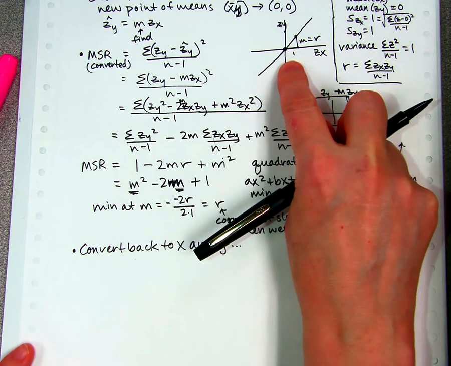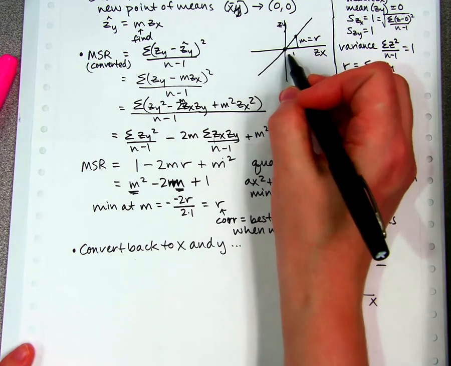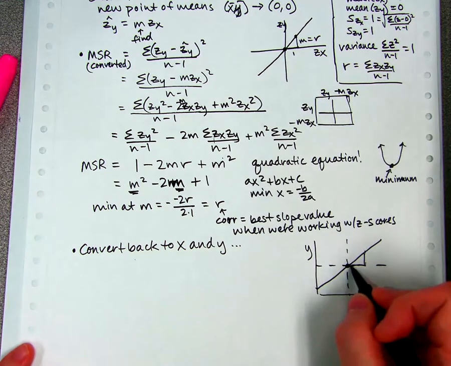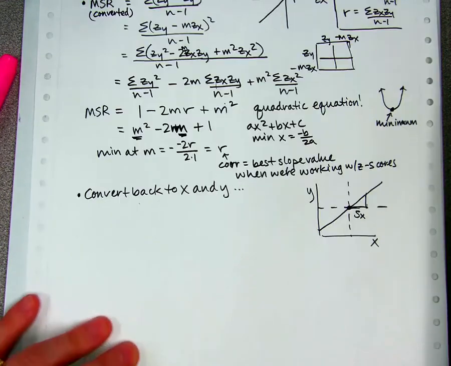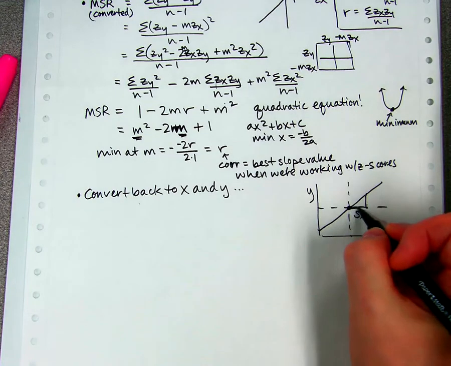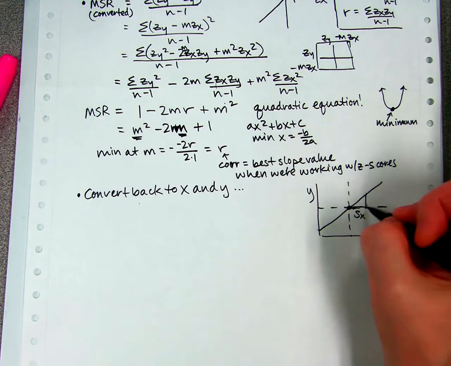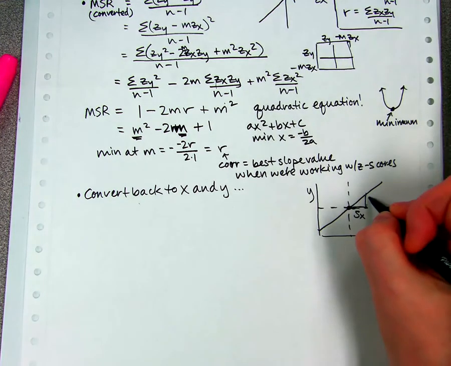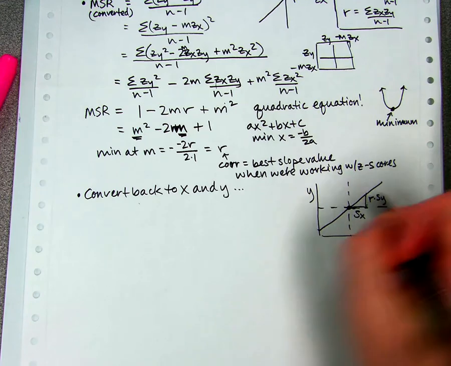It's not the standard deviation of z, actually. Well, technically it is, but going over 1 on the zx is the same as going over a standard deviation on the x-axis. So this going over 1 is the same as going over 1 standard deviation. Going up 1, or actually going up r, is the same as going up r times the standard deviation of y.